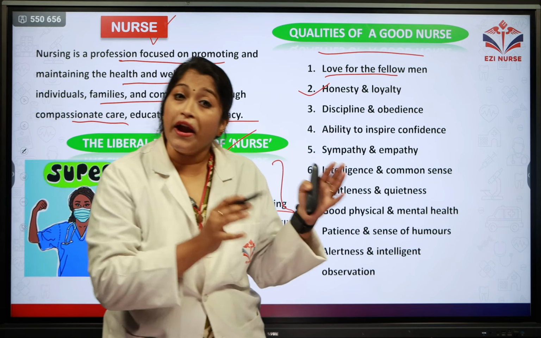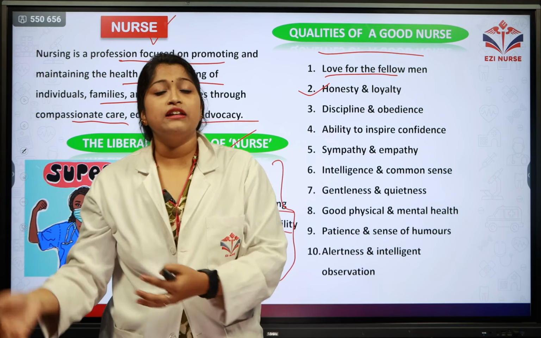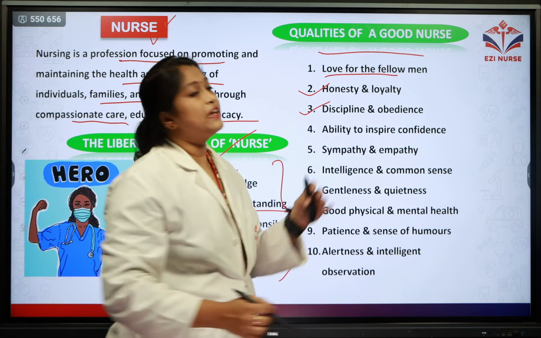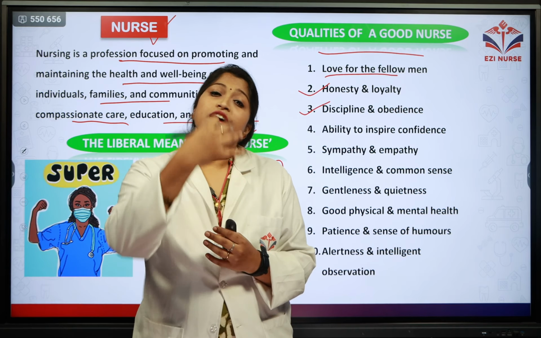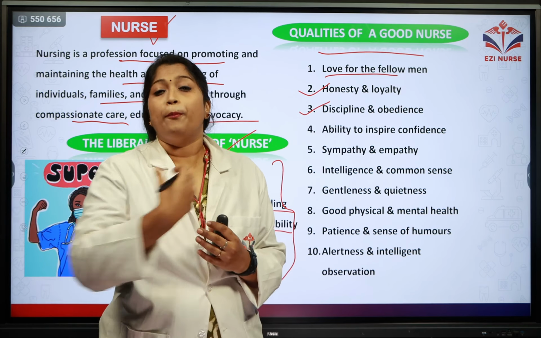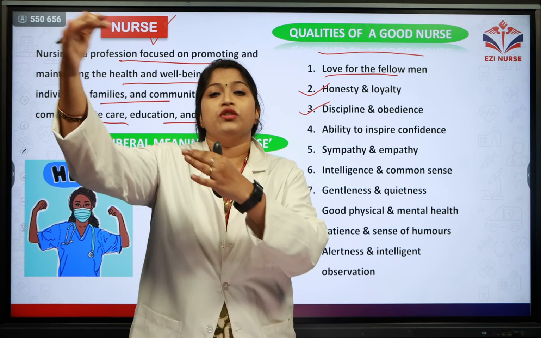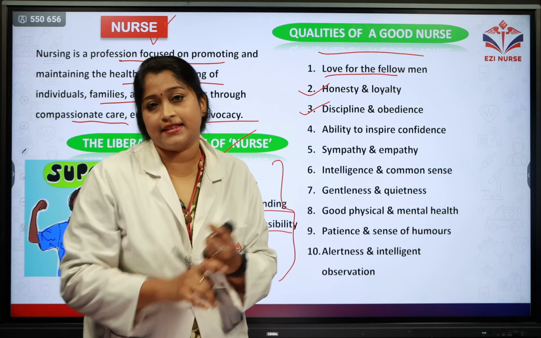Do not lie to anybody and be loyal to your patients and your fellow men. The third quality is discipline and obedience. Maintain discipline throughout your life and profession, as well as obedience. Be obedient to your seniors, senior staff, senior nurses, doctors, etc.